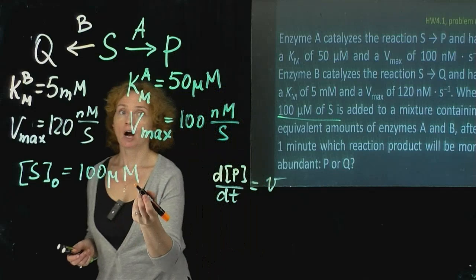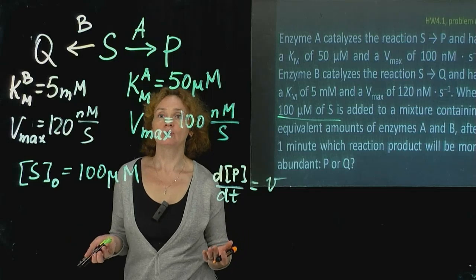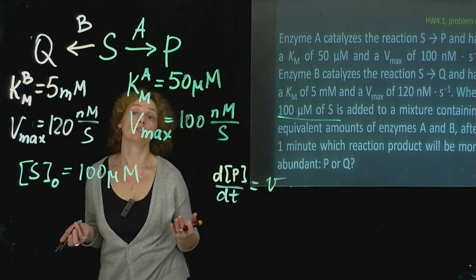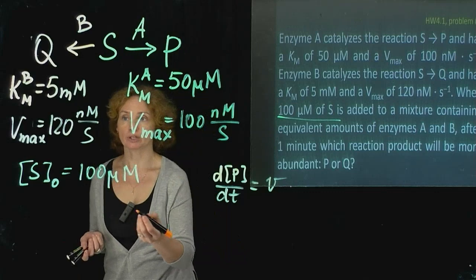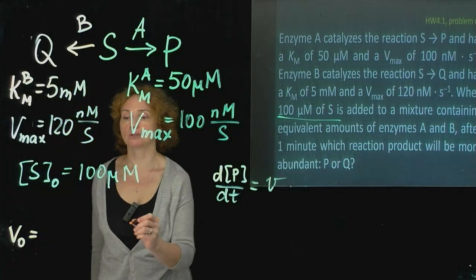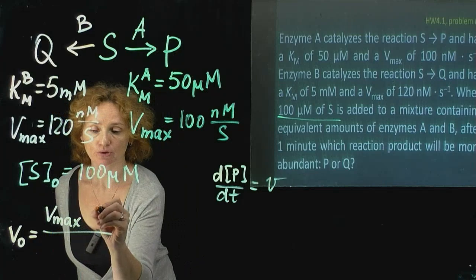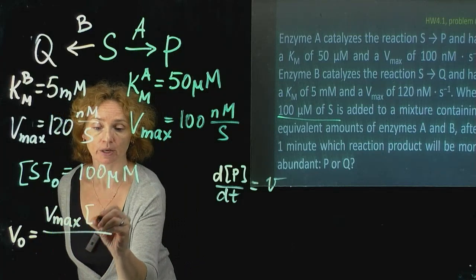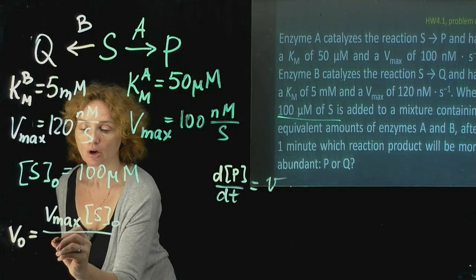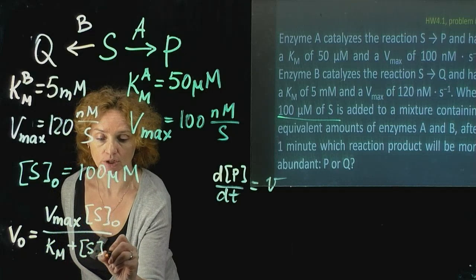So now this question transforms into just simply calculating the initial velocities for those two reactions. And initial velocity can be calculated using the Michaelis-Menten equation, which is the ratio of maximum velocity by the substrate concentration over the sum of Michaelis-Menten constant and the total substrate concentration.